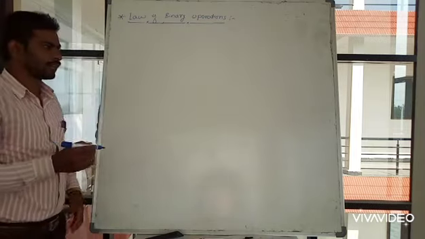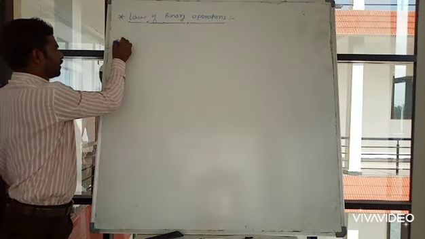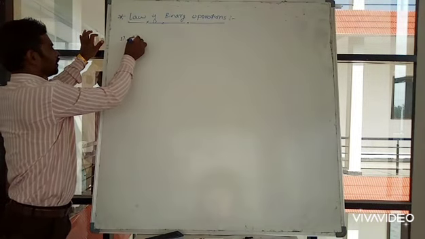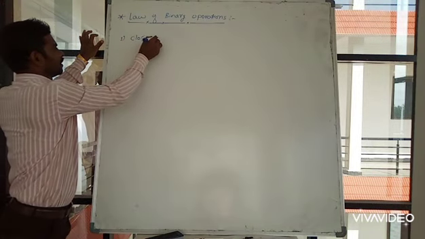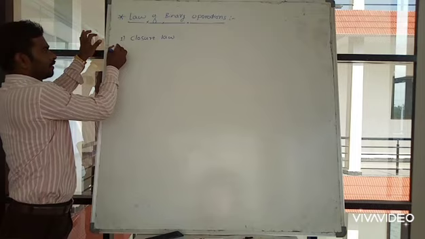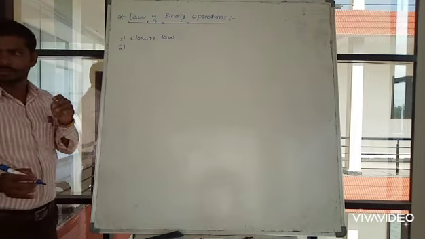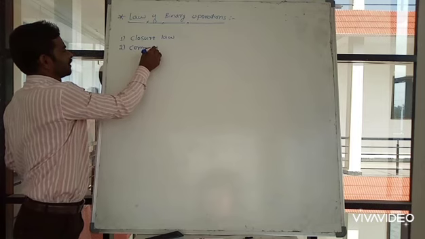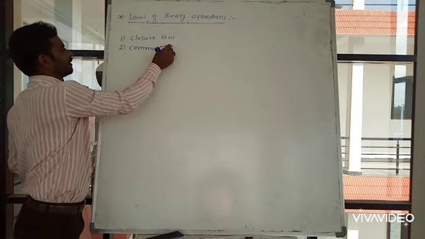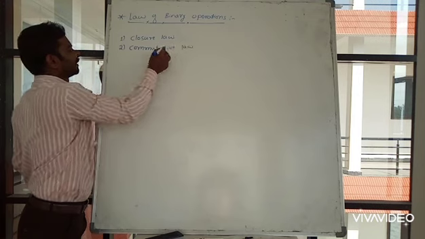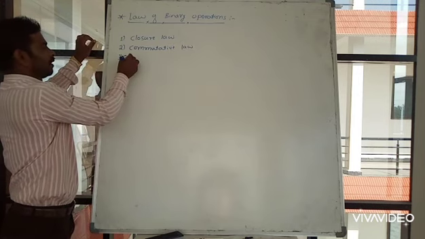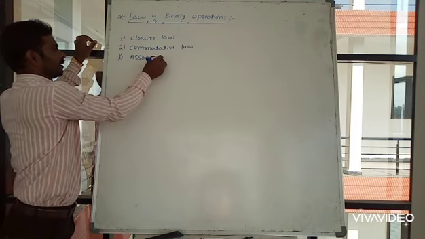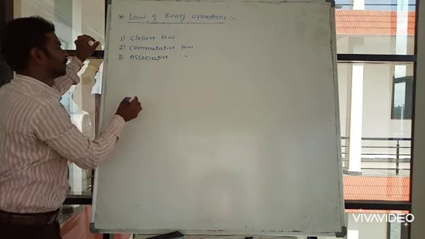So, the first law is called the closure law. The second law is called the commutative law. The third one is the associative law.